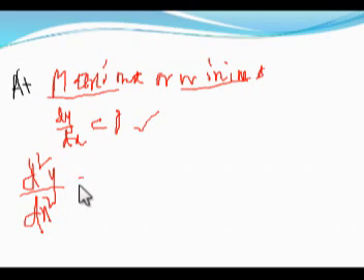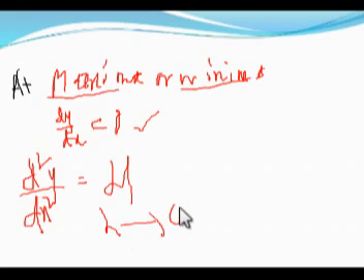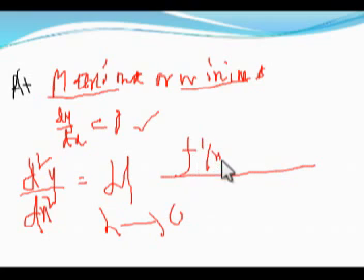It is the limit as h tends to 0 of f prime of x plus h minus f prime of x, divided by h. This is also the first derivative of the function f prime(x) by h.